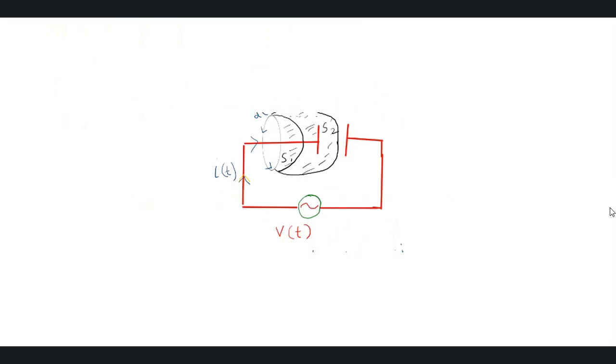So Ampere-Maxwell law is given as closed integral B dot dl is equal to mu 0 times conduction current plus displacement current.